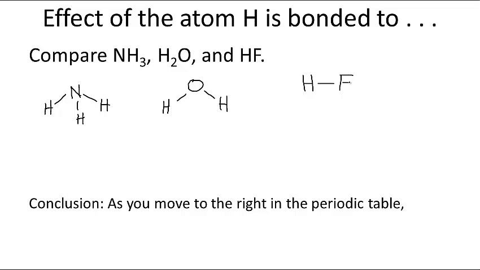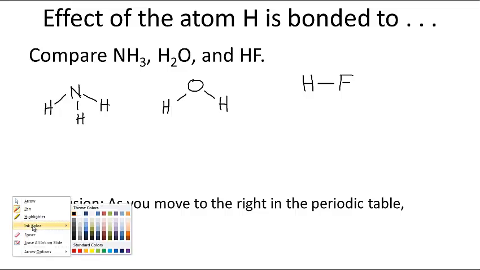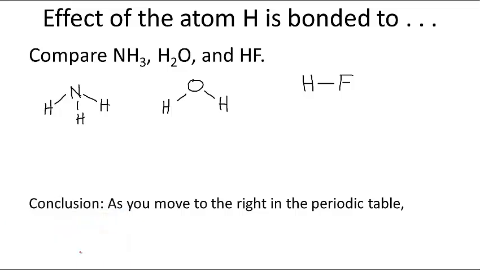So focusing on the partial charge thing, if we were to put delta pluses on the hydrogens, where would we put the biggest delta plus? HF, because fluorine is more electronegative. So maybe this one's got a big delta plus, a big delta minus. Here it's going to be medium.